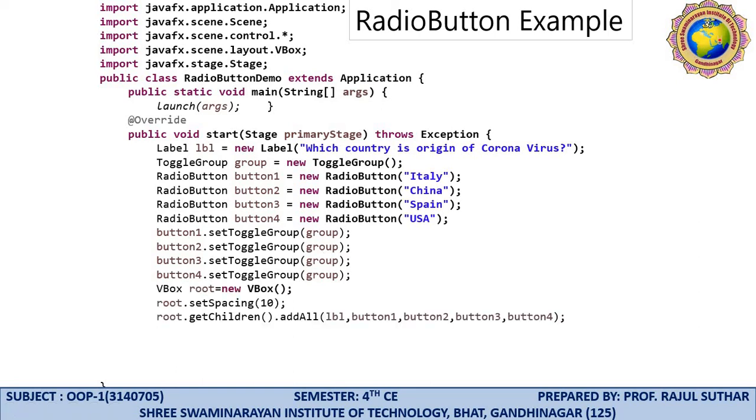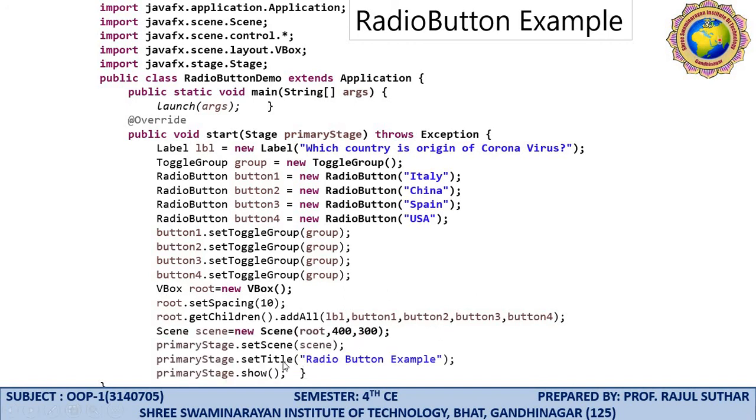VBox root is equal to new VBox, root.setSpacing(10), root.getChildren().add label 1, button 1 and its properties. This is the title, radio button example. So this type of output will be generated.